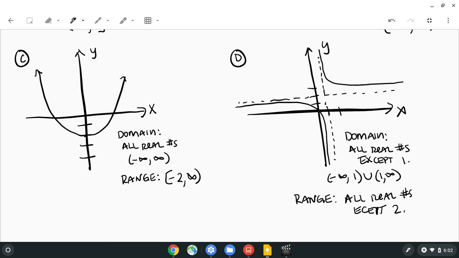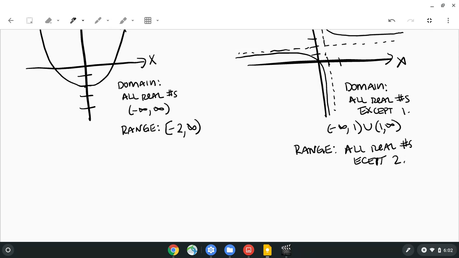Just like the way we wrote the domain, we're going to say from negative infinity all the way to 2. Again, we're using parentheses because we cannot include 2. Union, or together with, just past 2, so parentheses, no bracket, all the way to positive infinity. All right, so that's how you do domain and range looking at it graphically.